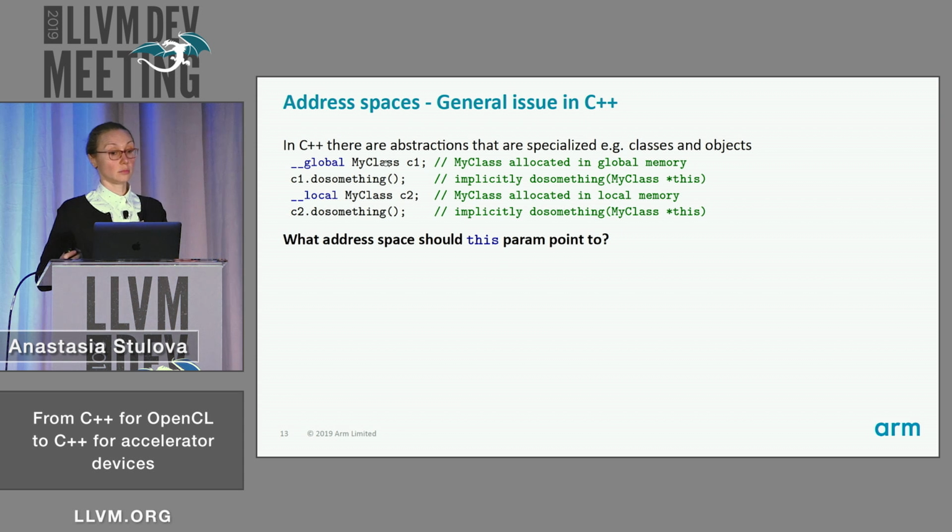Let's look at how this concept interplays with memory segments. In OpenCL, if we would like to declare a global variable in global memory, we will write global, my class, and then the name of an object, sorry. We can also declare this class in local address space.